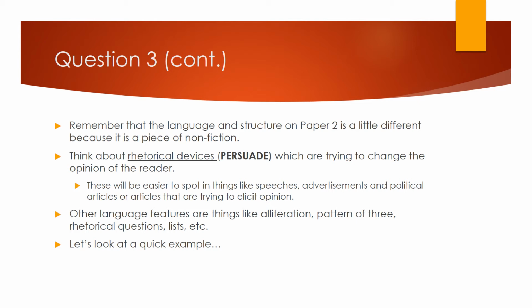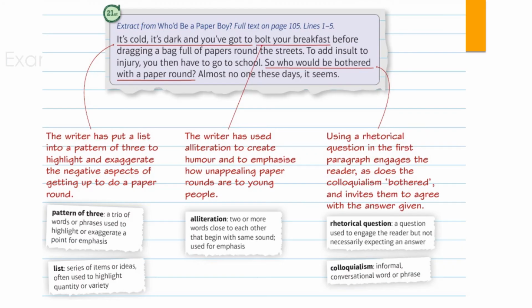There could also be examples of allusion, A-L-L-U-S-I-O-N. Allusion is where they're referring to something else that we are familiar with. So, for example, if it was a film review, they may refer to another film to show a similarity. So lots and lots of different language features that you should be able to spot.